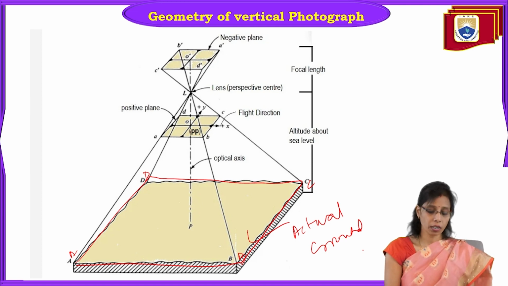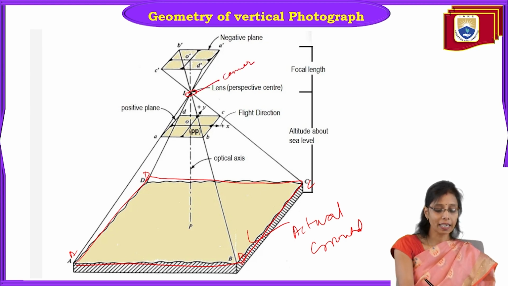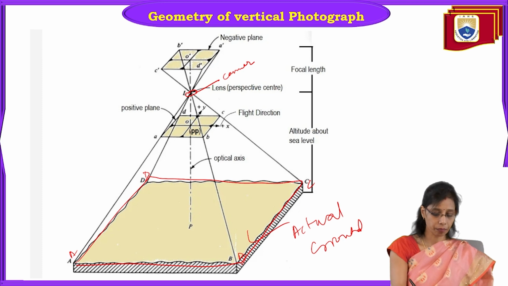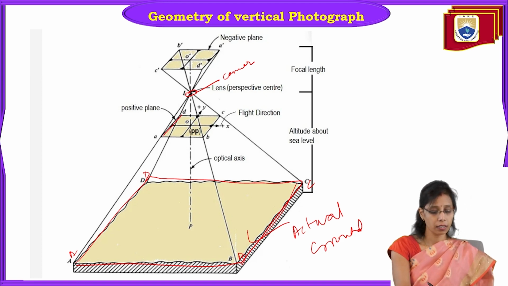In a vertical photograph, here is the lens, meaning the camera. When it clicks a photo of this area A, B, C, D, in a vertical photograph, the same type of image is captured vertically.